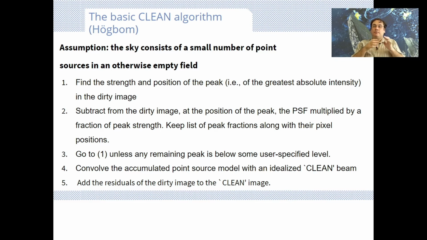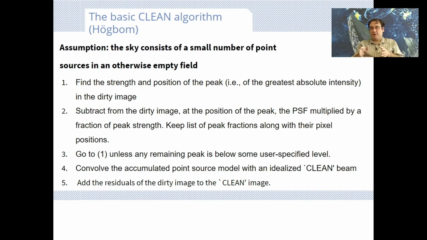And then unless we've reached some stopping criteria, so let's say we've defined the stopping criterion to be that the peak is going to be, let's say, 10 times the RMS noise of the image. That's one stopping criterion, for instance.